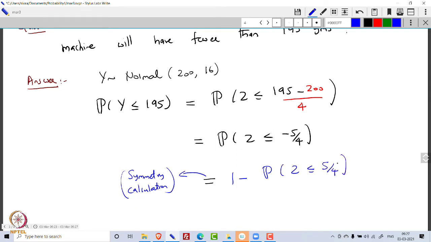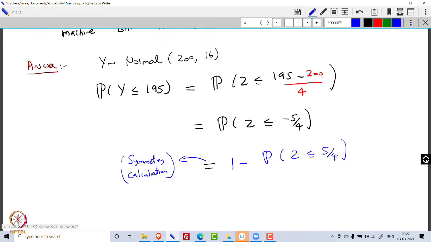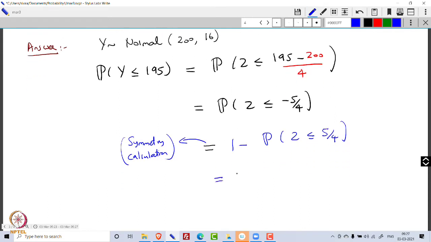So if I find out the chance for 5 by 4, then I can compute this thing. How do I find the chance? I go to the tables. 5 by 4 is 1.25.